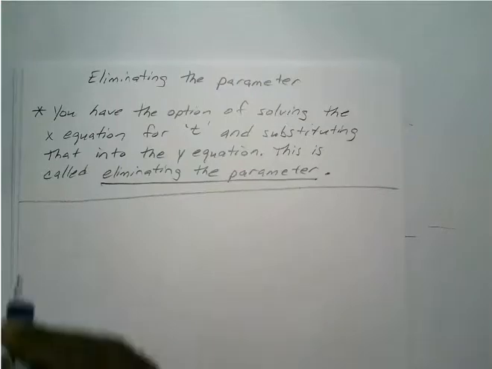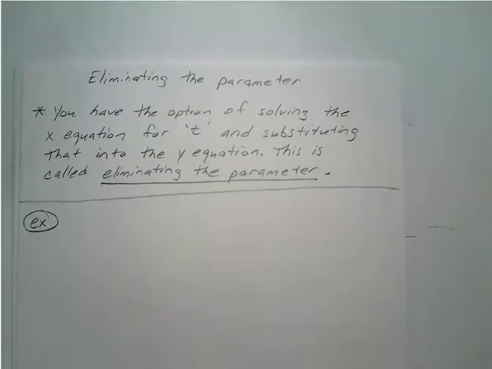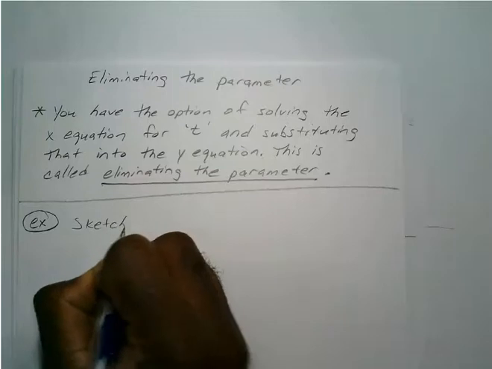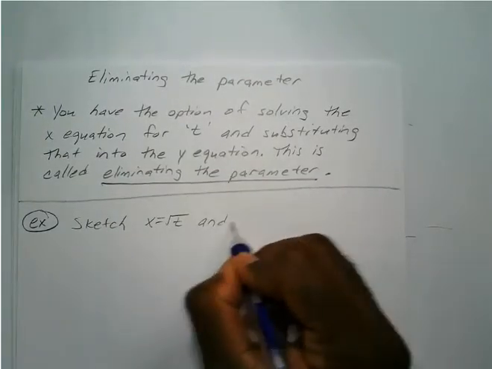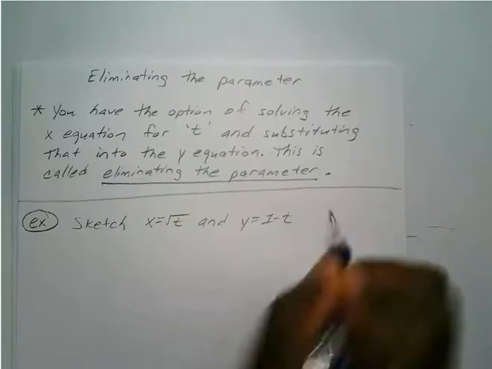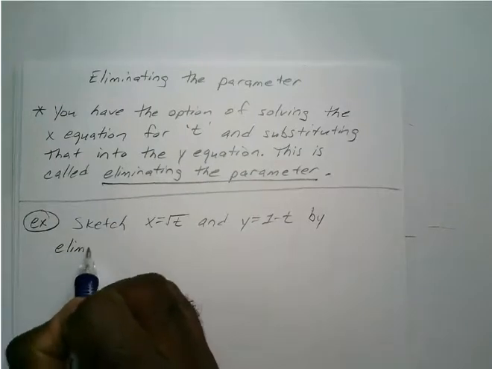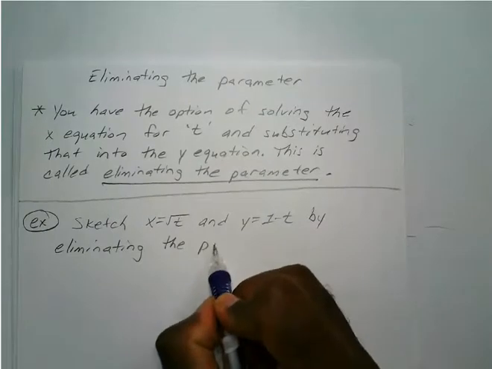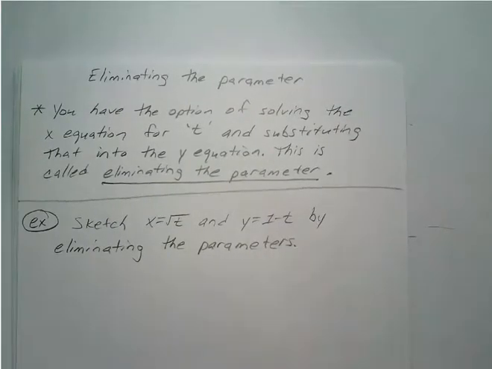Using the very same parametric equations from before, this time we'll sketch x equals square root of t and y equals 1 minus t by eliminating the parameter.